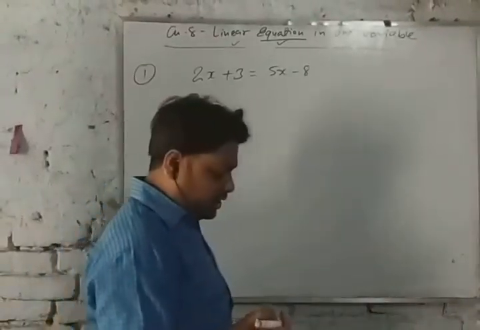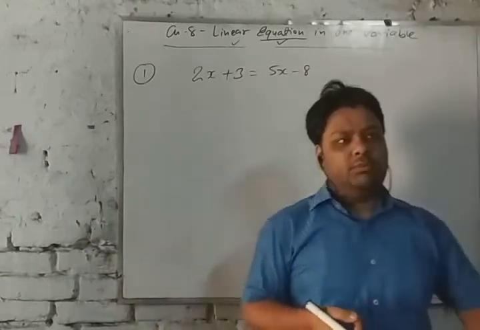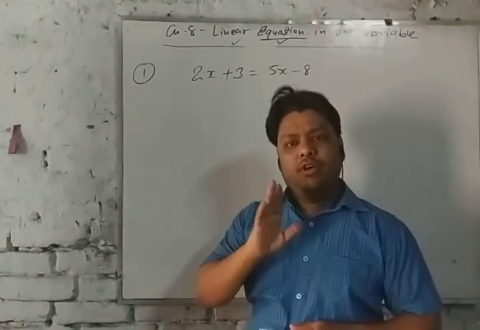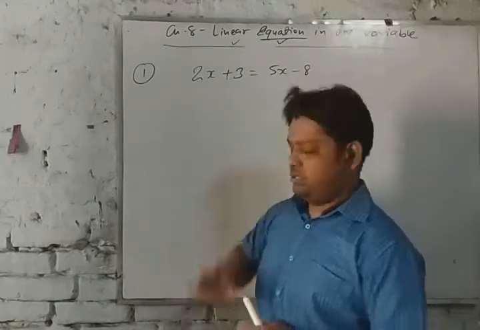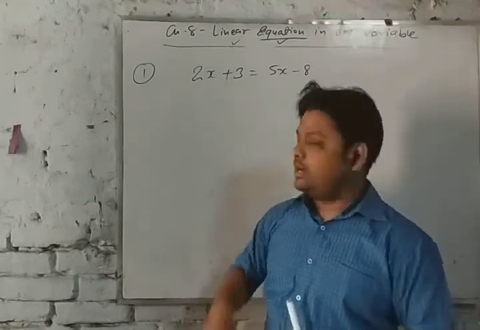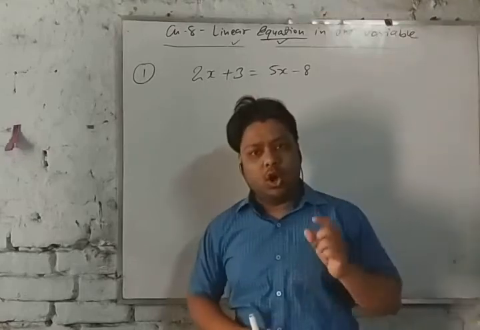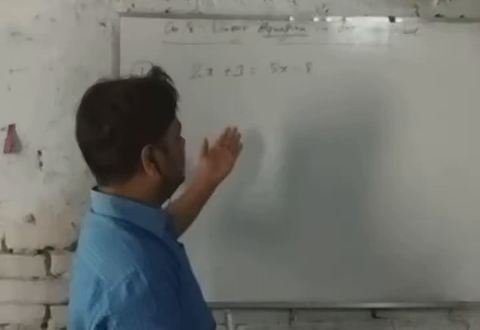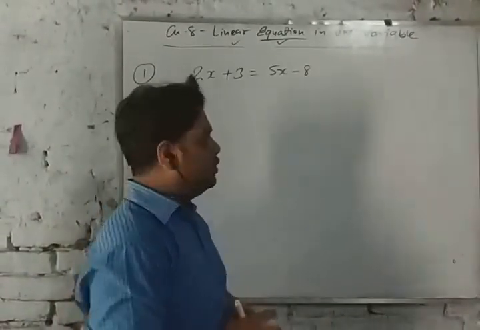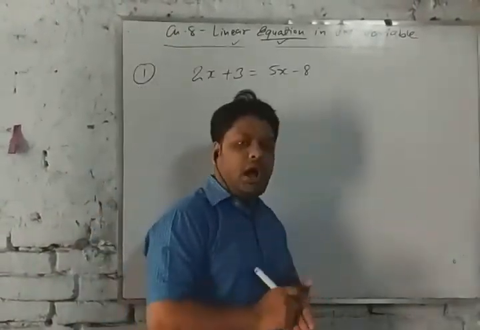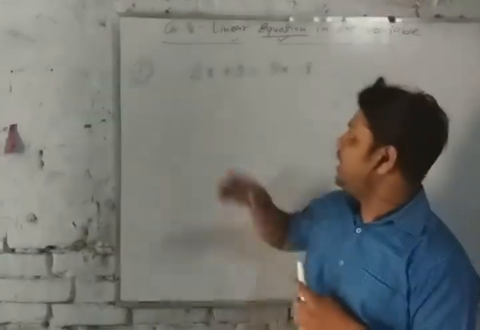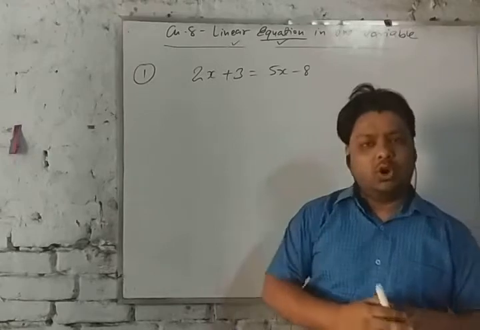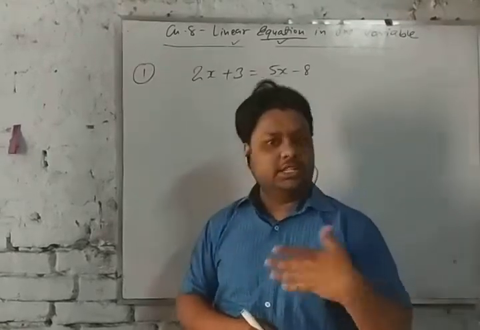In the transposition method, we have already studied that we always keep the variable on the LHS, the left hand side of the equal sign, and the constant term on the RHS, the right hand side. If we take any number from LHS to RHS or RHS to LHS, then its sign will change.